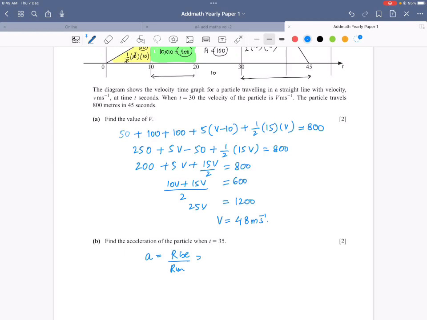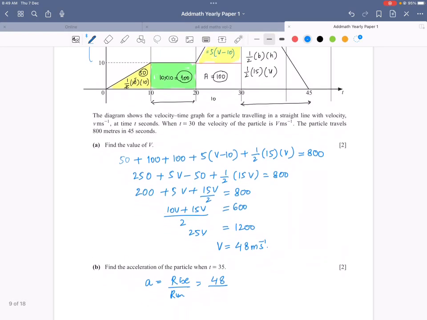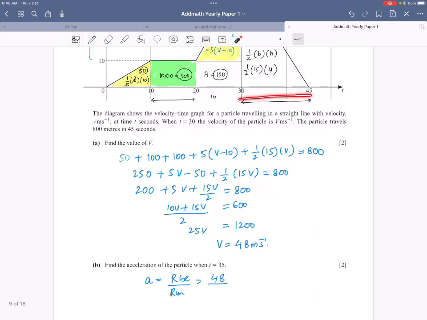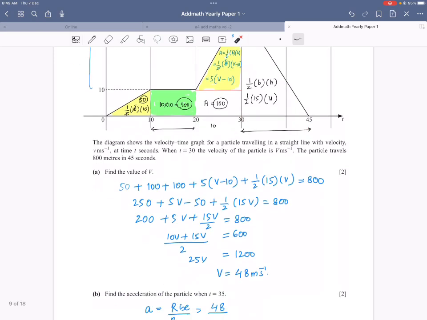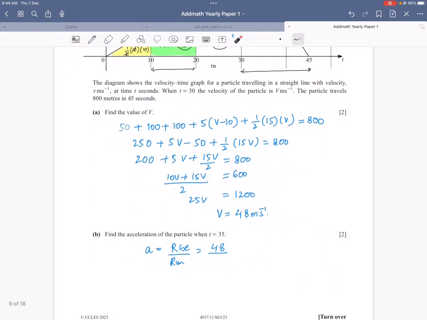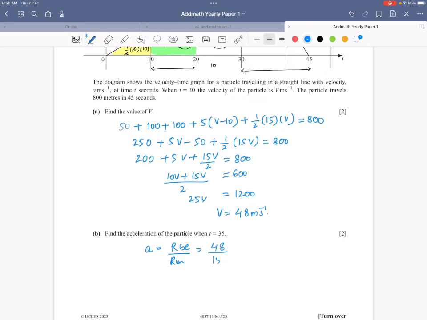The rise part is v, it's 48, and run is what? Run is from 30 to 45. Don't confuse with that, the t is 35. Keep in mind that the acceleration is constant, whether you find the value at 31 or you find the value at 44. It will be same throughout the line. So the run part is 15.